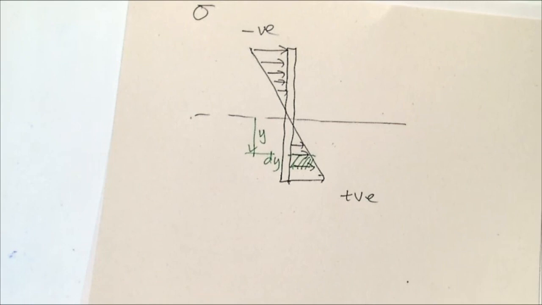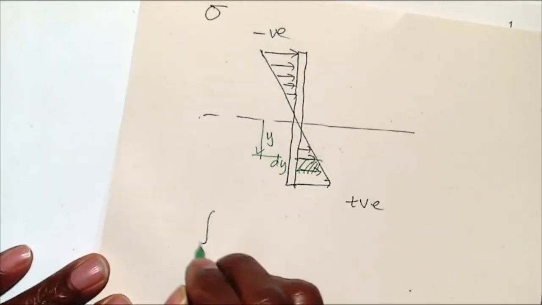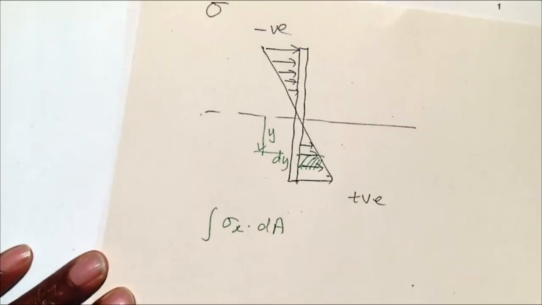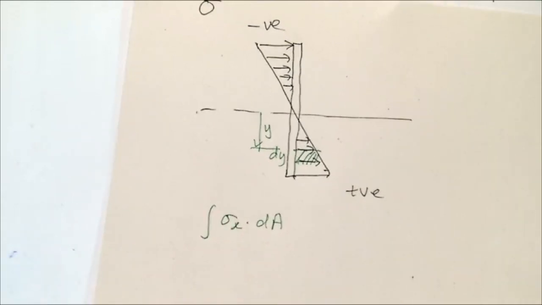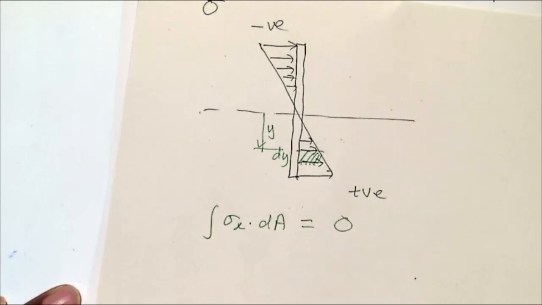So we'll say the net force, which you all got right, is the integral of sigma x dA on that small section that we've taken. And to ensure that we have equilibrium, that has to be 0 because we are not applying any load along the length of the beam.